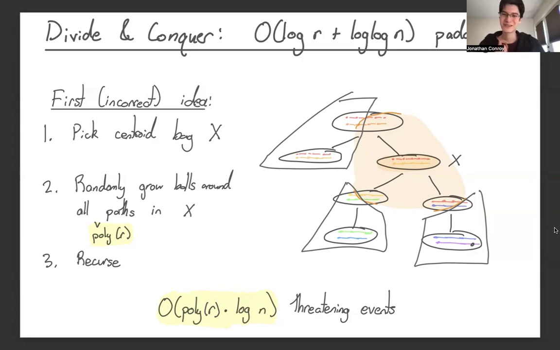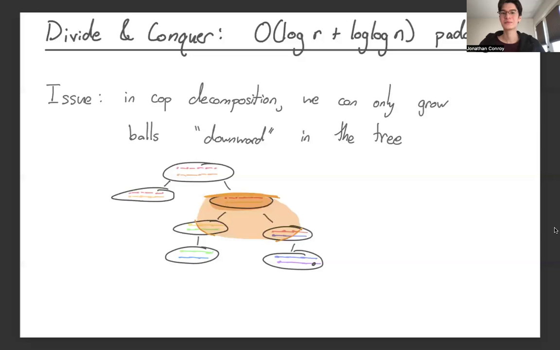Unfortunately, there's an issue with this idea, which is due to some technical details in the COP decomposition. Roughly speaking, in the COP decomposition, we're only allowed to grow balls downward in the tree. The reason is that if you have a bag of your COP decomposition, the paths in this bag aren't actually shortest paths with respect to the entire graph.